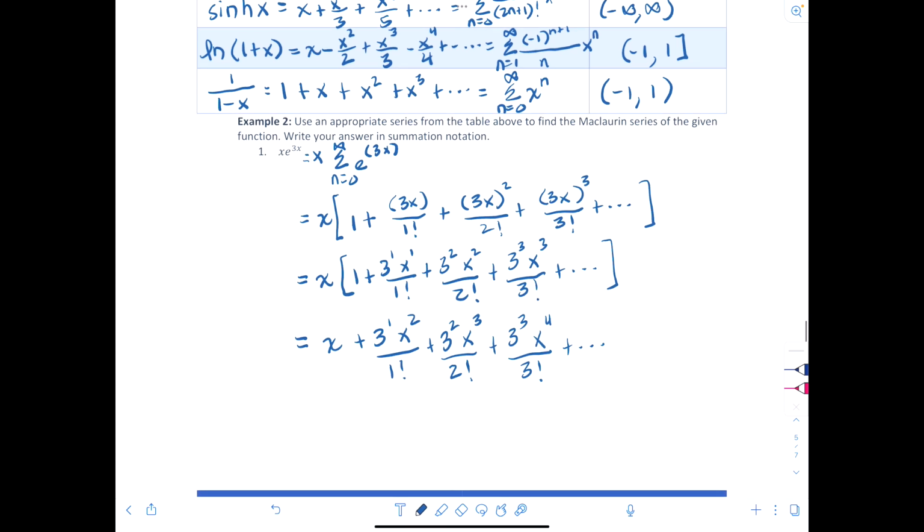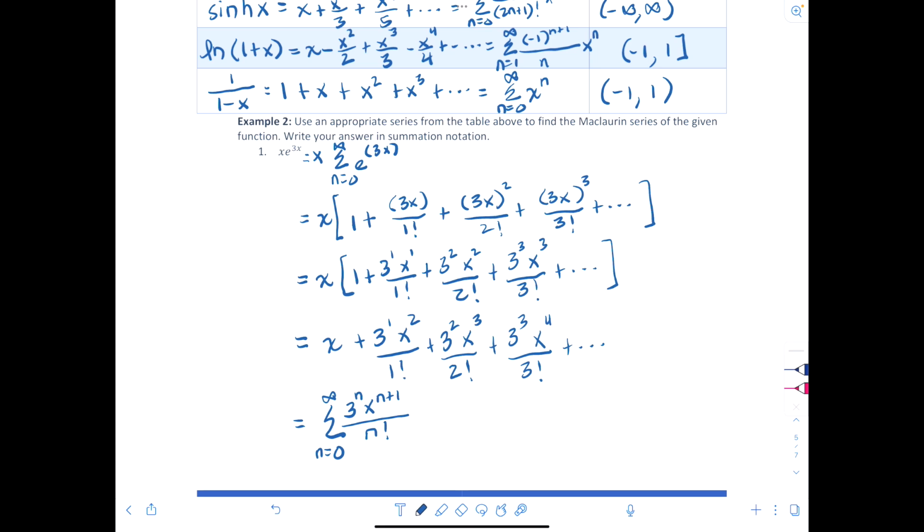So the power on x is 1 more than the power on 3, and it's 1 more than what's in the factorial. So we can say that this is the summation as n goes from 0 to infinity of 3 to the n, x to the n plus 1 over n factorial.